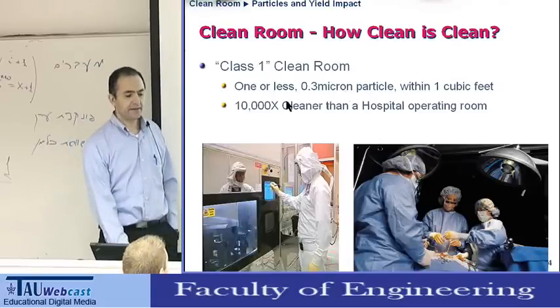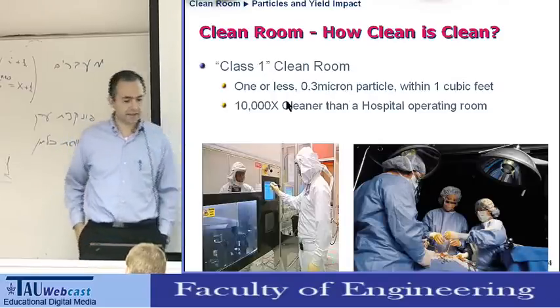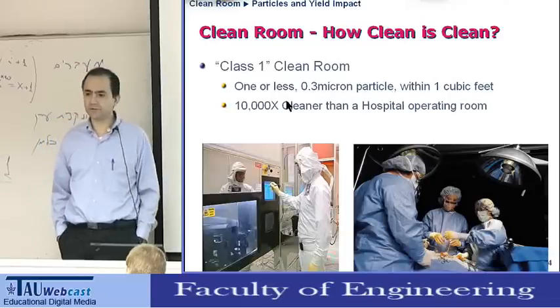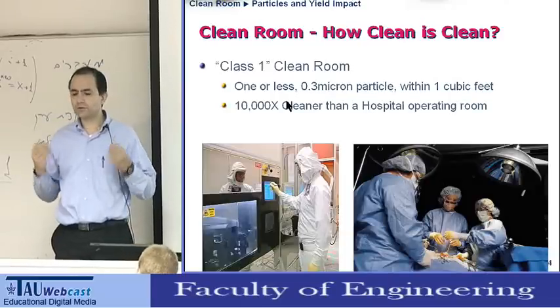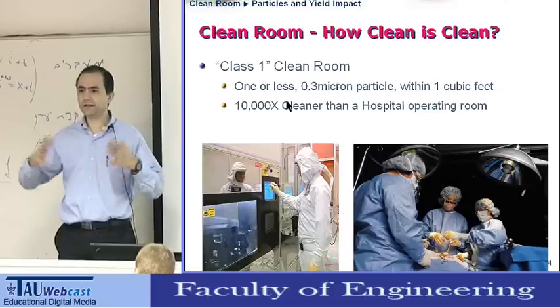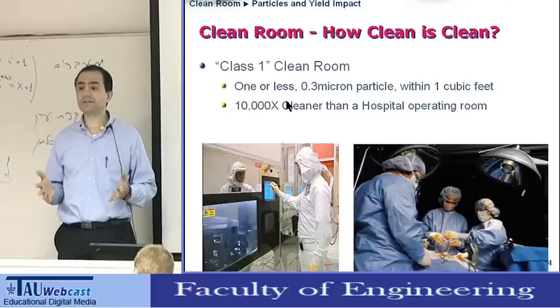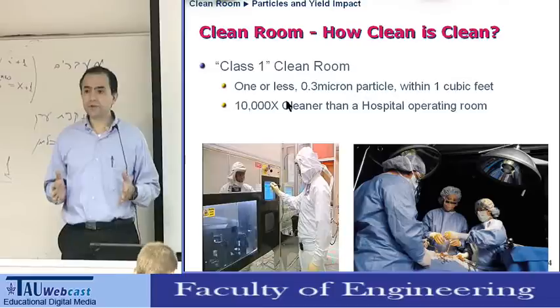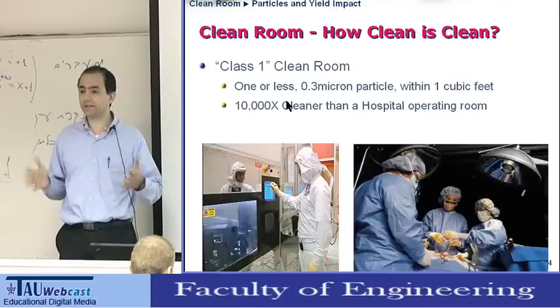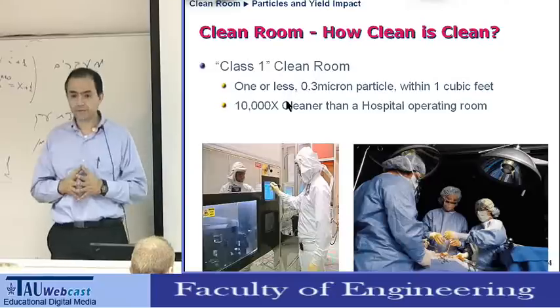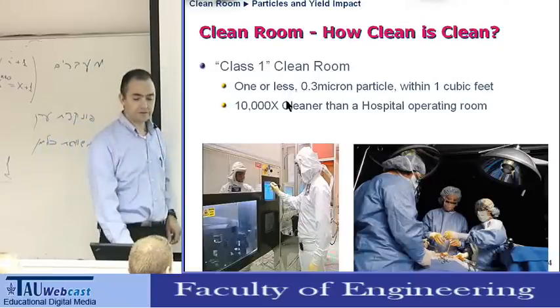And it is 10,000 times cleaner than a hospital operating room. Now, what happens today, since it's too expensive to clean the whole clean room, and actually it's not clean enough, what we do is, for the tool itself, we have a mini environment which is even cleaner than the clean room itself, okay? Which is cleaner than class 1.